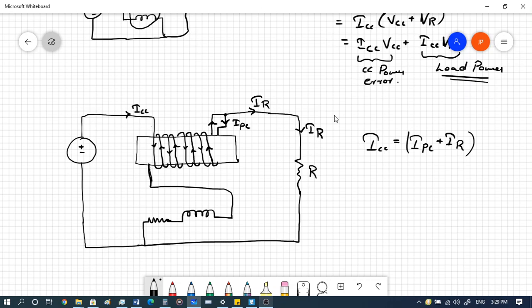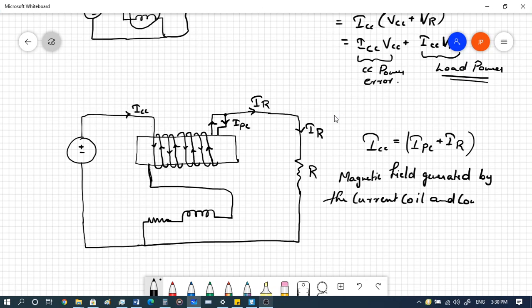Now if you look at the magnetic field generated by the current coil and the compensating coil together, in this case it is directly proportional to what?